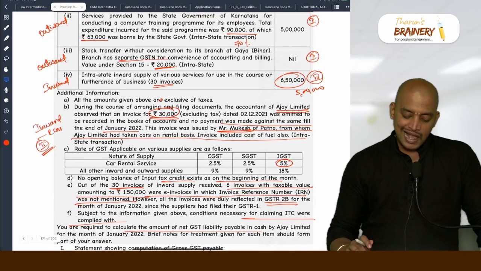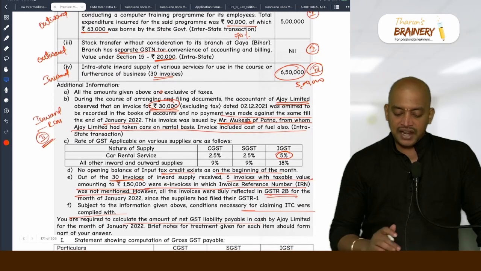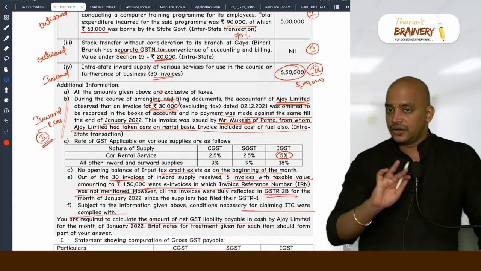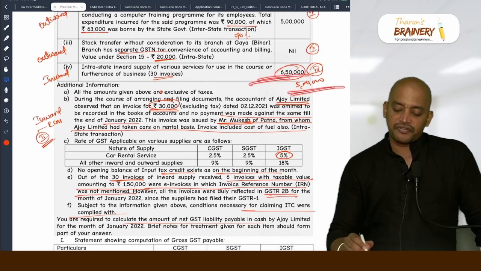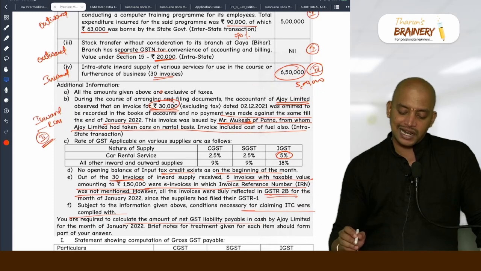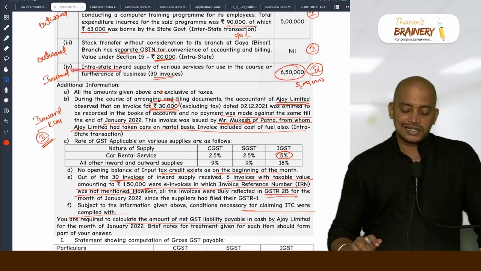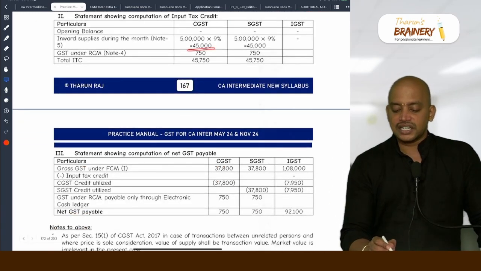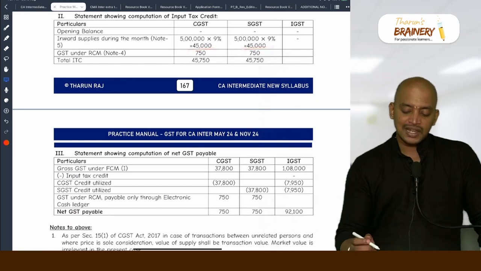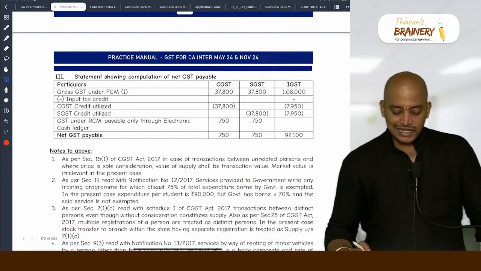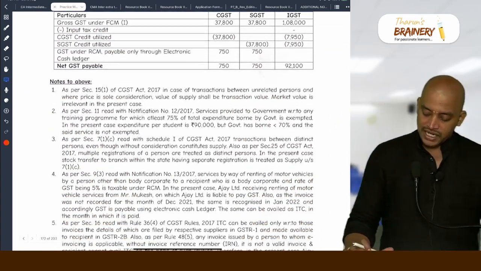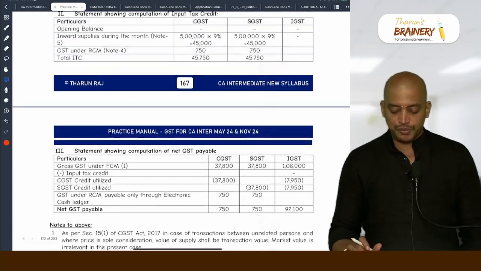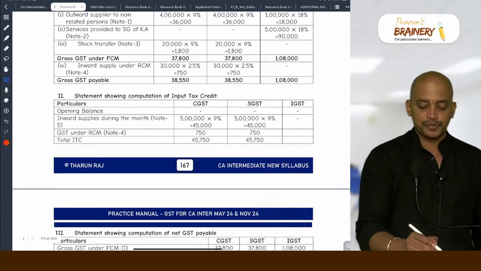No. And can we take this RCM as ITC? No. But out of the 6 lakh 50, only 5 lakhs can be taken, and that too it is intrastate. So CGST, SGST 45,000, 45,000. And GST under RCM, actually we cannot take ITC with respect to this. Why can we not take ITC with respect to this?